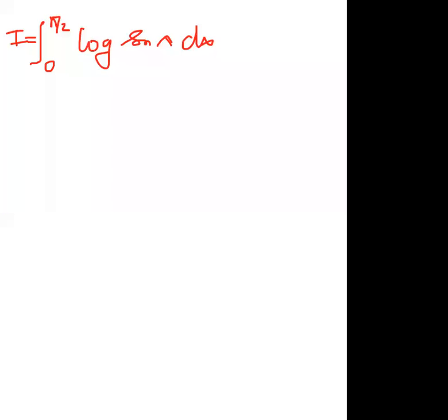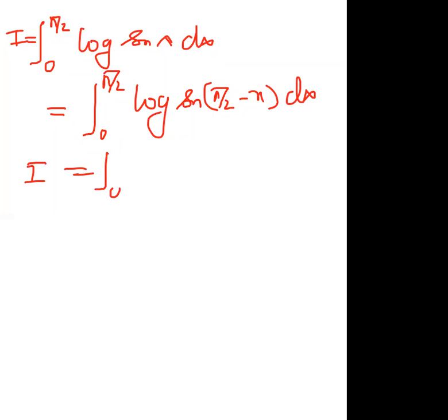The integral from 0 to pi by 2 of log sin of pi by 2 minus x dx. That is, I becomes equals to the integral from 0 to pi by 2 of log cos x dx. These are equations 1 and 2.